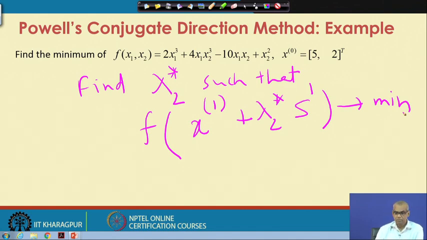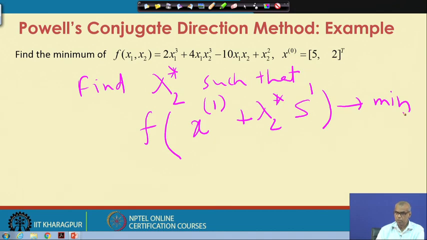Again, you can make use of unidirectional search techniques that you have learned, or you can express the function in terms of lambda 2 star and find its value by taking the derivative df d lambda equal to 0.